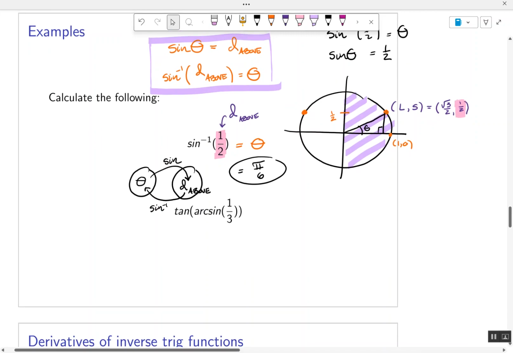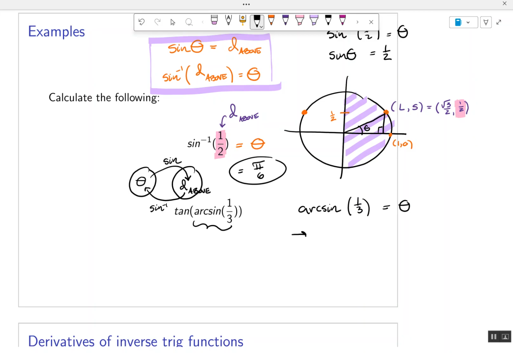All right, this guy right here. Arcsine is another way of writing sine inverse. Arcsine of 1/3. Okay, we know that is an angle measure. What that means is that sine of that angle is 1/3. So yes, we're concerned here with which angle gives me a sine of 1/3.